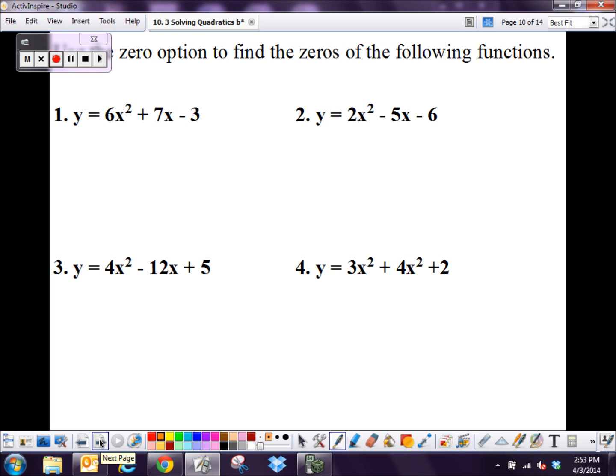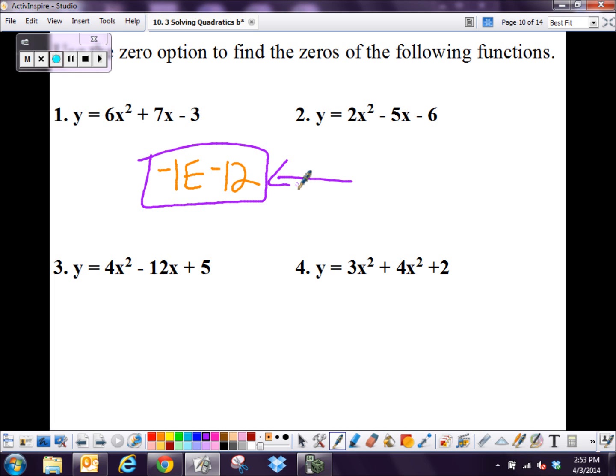If you ever have something to where it says you have -1 e to the -12, okay? And you'll know what I'm talking about when you see it, okay? But all I want you to know here is that this means 0.